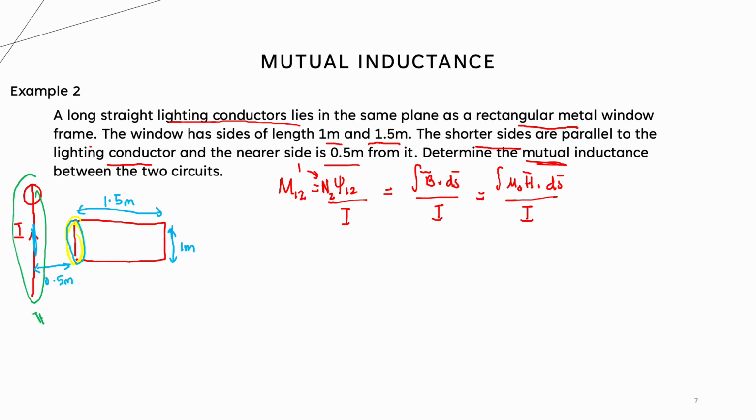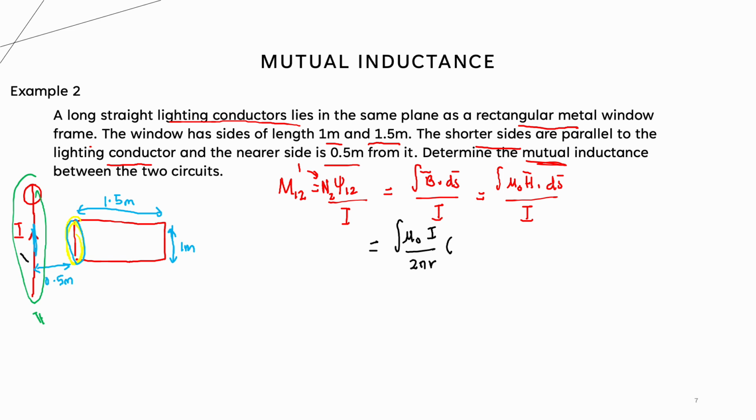So we can use our knowledge that we have learned in Ampere's circuital law, ACL, for a very long conductor. It will be equal to mu naught I over 2 pi r, right? So what is the direction of our H?